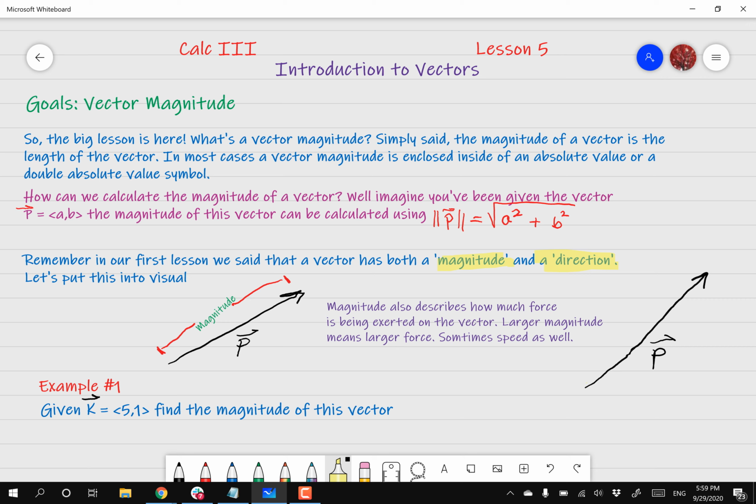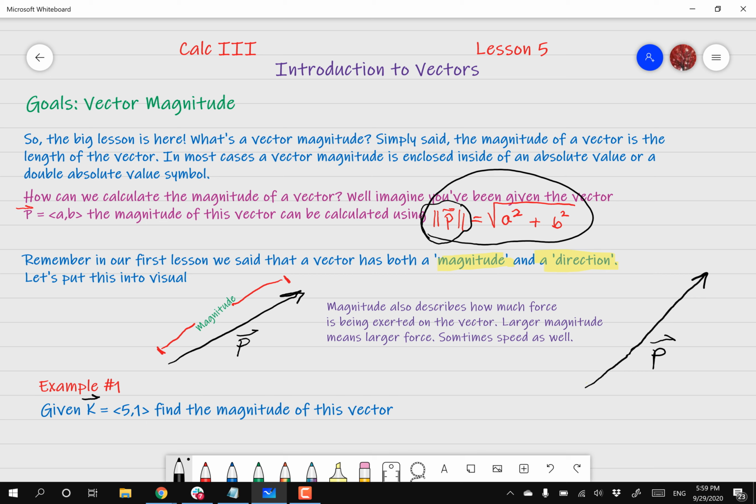The way we're going to calculate a vector magnitude is through that formula that I wrote in red pen over here. Whenever you're representing the magnitude of a vector, you want to enclose it in double absolute value signs. Some textbooks go with just one absolute value sign, though I like the second one better.